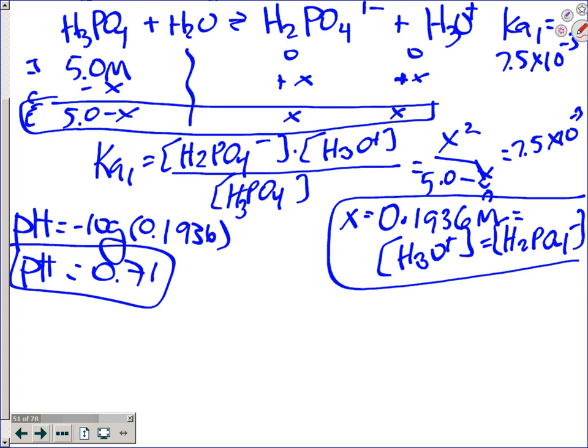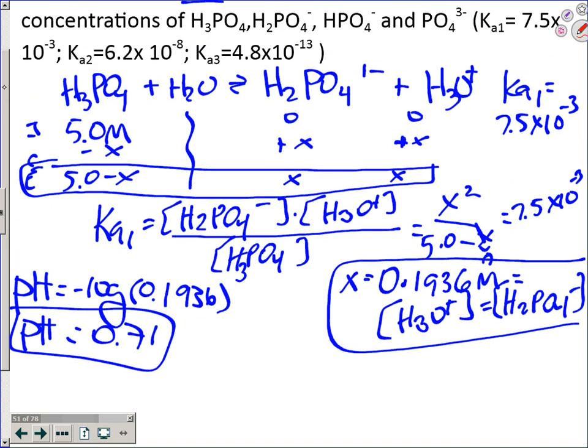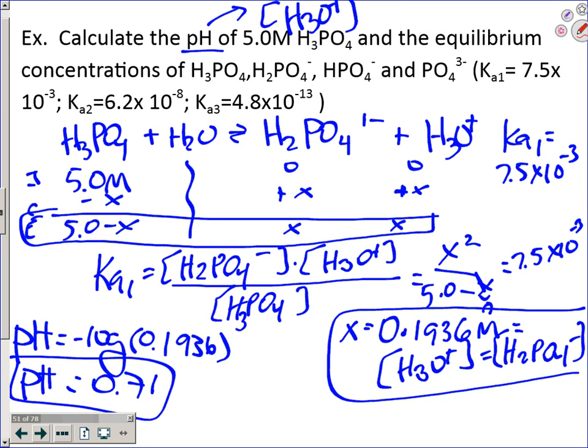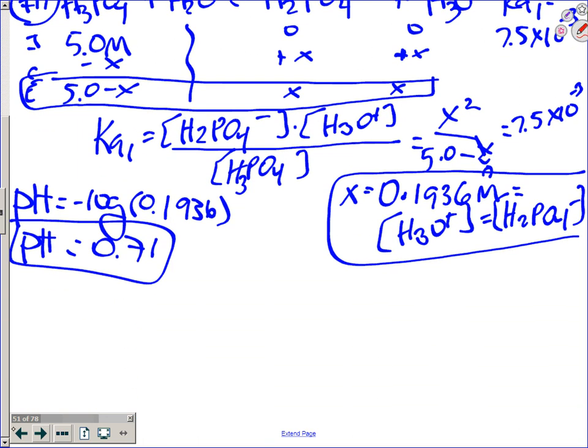And then we have these other ions that we can calculate concentrations of once we know x. We have a question asking us to calculate the concentrations of all these ions, all the conjugate bases, and so on. So we kind of have our start, but now we're going to do the subsequent Ka. We're not going to start with phosphoric acid. We're going to start off with what?